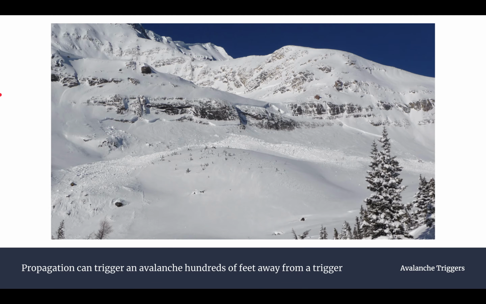If you're traveling through avalanche terrain, which I'll get into in a later video, you might not think you're on avalanche terrain, but you might still be in avalanche terrain, because you can actually remotely trigger an avalanche without even stepping on the slope. So that's what makes weak layers particularly dangerous in avalanches.